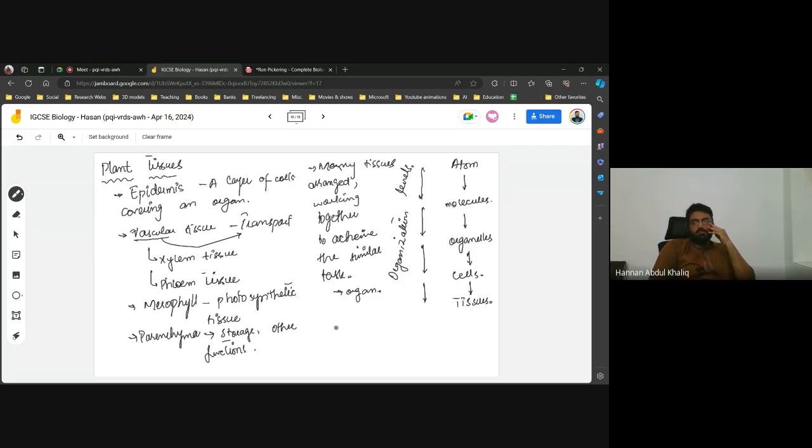Suppose the stomach. In the stomach, you would find epithelial tissue, nervous tissue, muscular tissue, and connective tissue. They all are helping each other in achieving the purpose of digestion.